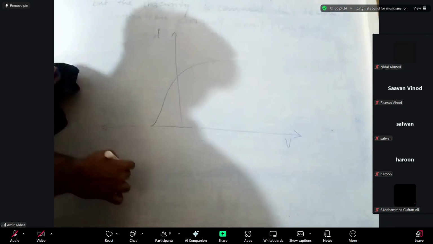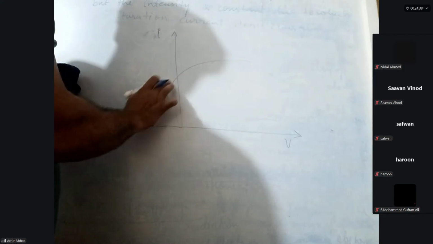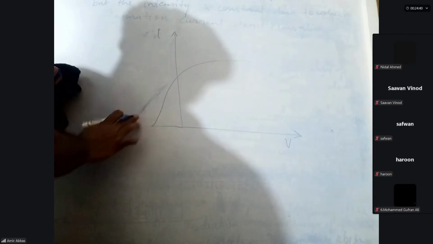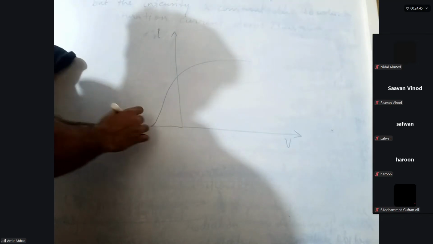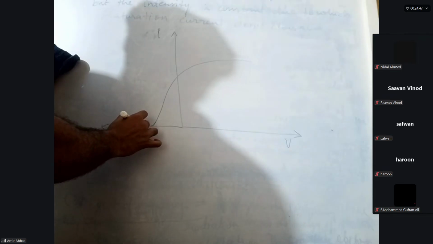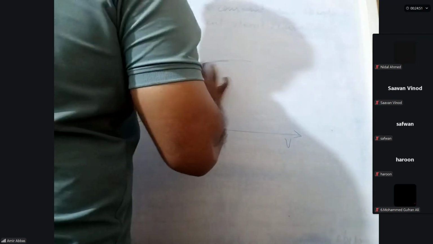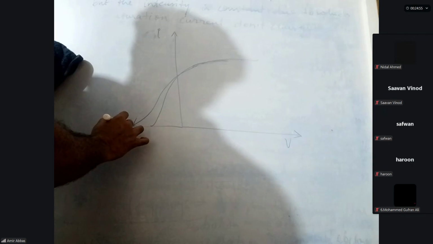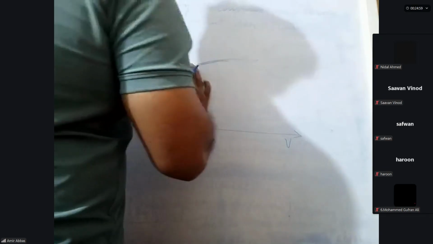So the stopping potential changes, but the saturation current is the same. Have you got that here?